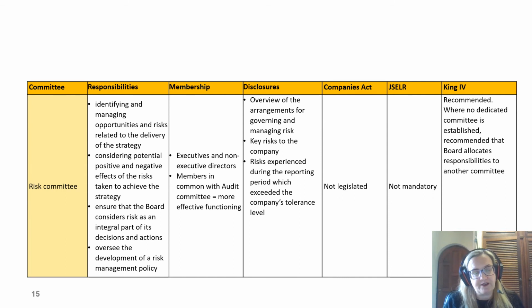So you could have a risk committee, which you can also combine with your audit committee, and this risk committee must identify all the risks to the strategy, the upside risks, which we'll discuss in part of your syllabus, and the downside risks, and ensure that there are proper mitigating actions in place. Executives can be on this committee, and it needs to disclose what the key risks are to the company and how those risks are managed.